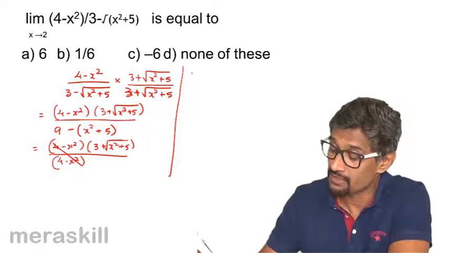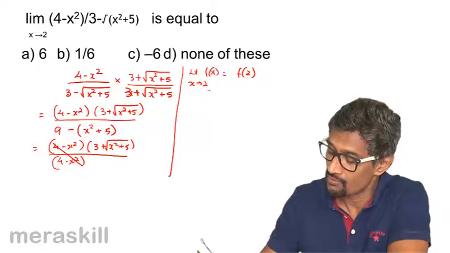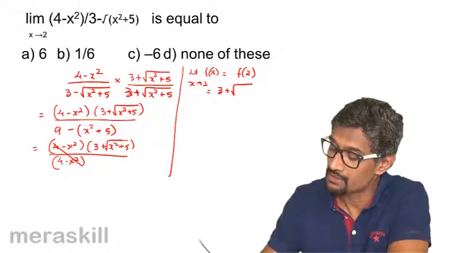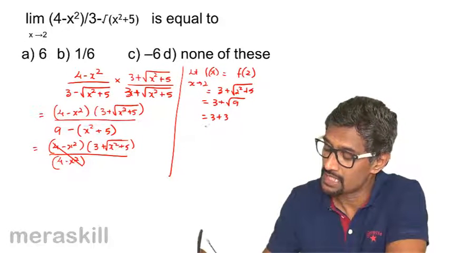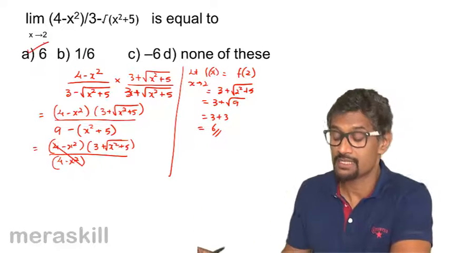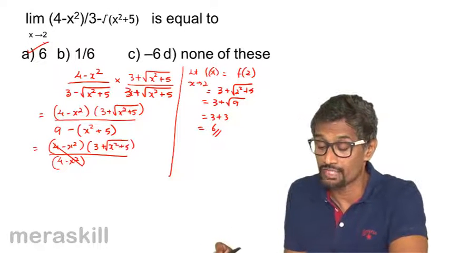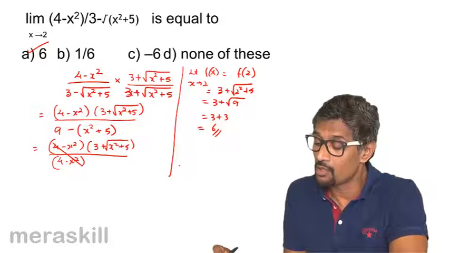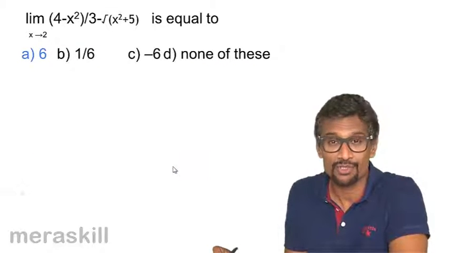Now it has become a determinate function, so the limit of the function as x approaches 2 is the same as f of 2, which will turn out to be 3 plus root of 2 square plus 5, that is 3 plus root 9, which is 3 plus 3, which is 6. So the correct answer is 6 over here. We have yet again used the same concept of multiplying numerator and denominator by the conjugate of the irrational part, right? We're getting it as 6 for sure.